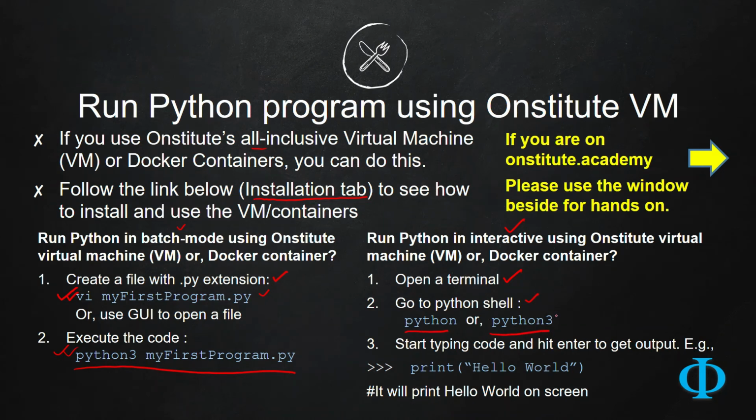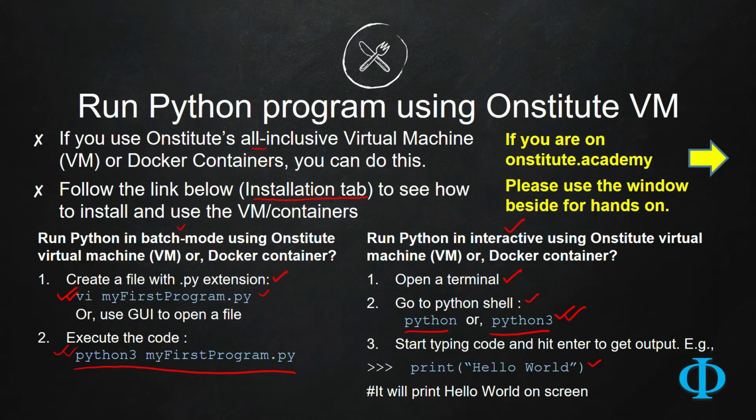I prefer python3 because this course is developed using Python 3, and that will take you to a Python shell, and there you can start writing your code. For example, just write print hello world, just as you can see in this slide, and then hit enter and it will print hello world on the screen for you.